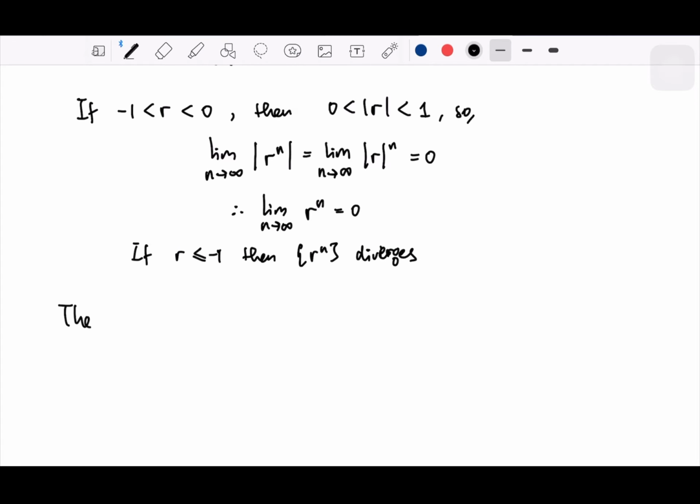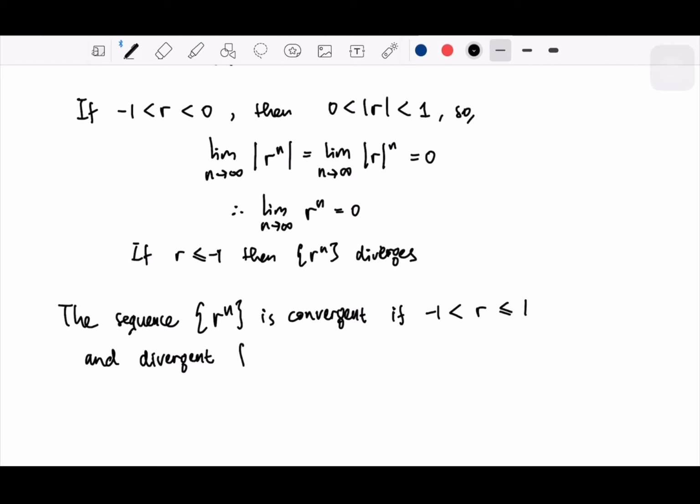So the sequence is convergent if it is between this interval here.